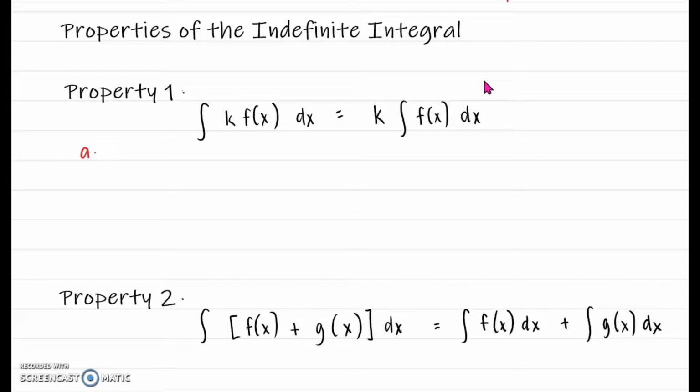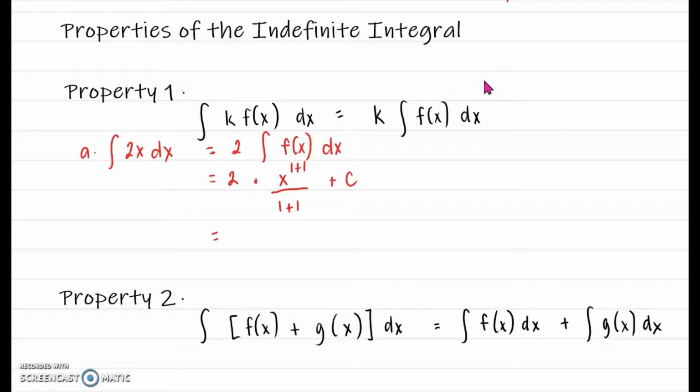Let's evaluate the integral of 2x with respect to x. So we write that would be equal to, our constant here is 2, times the integral of f of x dx. So now we have 2 times the integral of x, that would be x raised to 1 plus 1 over 1 plus 1 plus c.